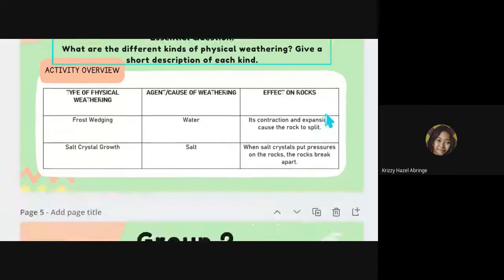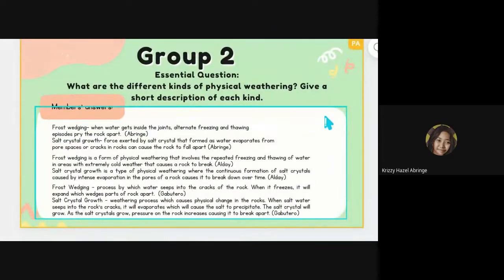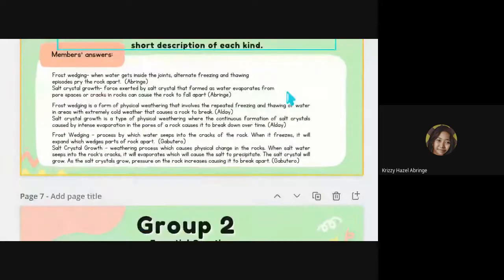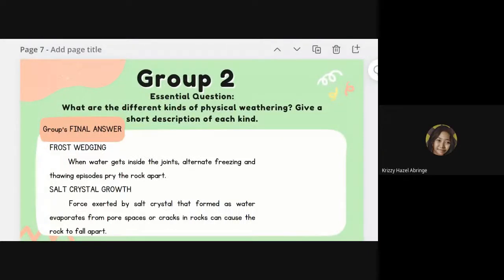So these are each of the members' answers as we presented here, and for our final answer to the main question, the two types of physical weathering: the first is frost wedging, and when water gets inside the joints, the alternate freezing and thawing of the water pries the rocks apart. In salt crystal growth, the forces exerted by the growth of crystals formed by water as it evaporates in the spaces and cracks in the rocks cause the rocks to fall apart.